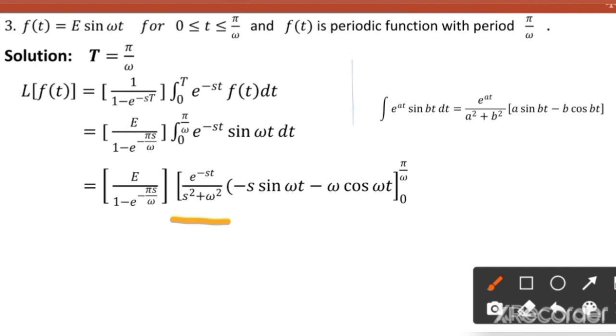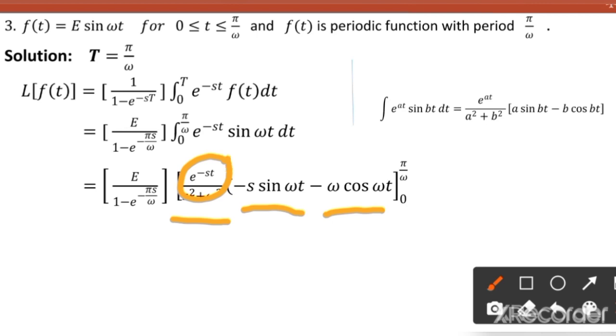So clearly it is s square plus omega square. Then a sin bt, now it is minus s sin omega t minus b, which is omega, cos omega t, apply the limit 0 to pi by omega. If I apply the upper limit first, take very carefully, we have not only sine and cosine function, we have e power minus st, so apply that.